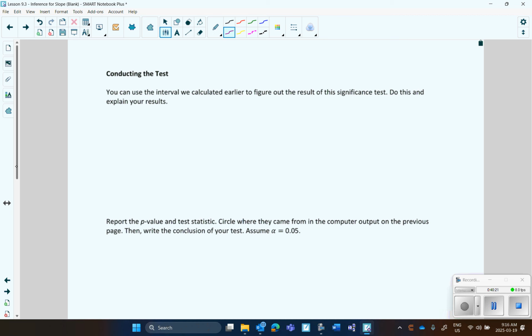So like I said, we can use the interval to actually make a conclusion on this test, because there is a relationship between confidence intervals and hypothesis tests. And remember what I said: negative 0.009 to positive 0.102, was it?